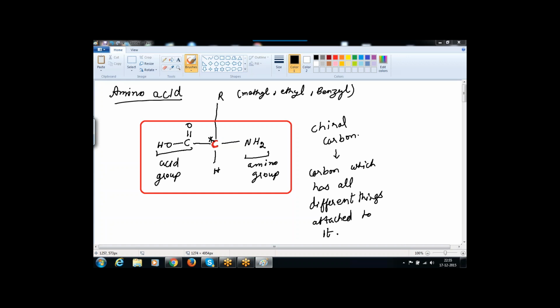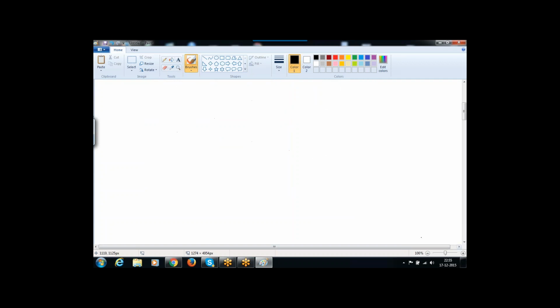Okay. Next is classification of amino acids. Amino acids are classified according to various parameters. I mean, in different ways they are classified.